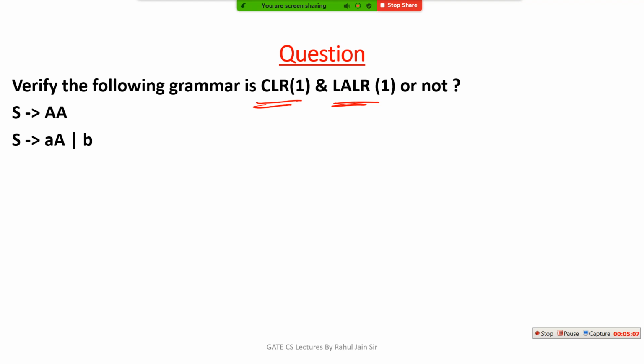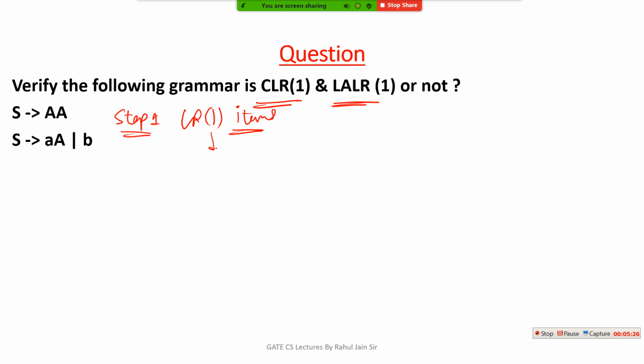So we are proceeding with step 1 now. Verify whether the following grammar is CLR1 or not. Step 1 is to make LR1 items.